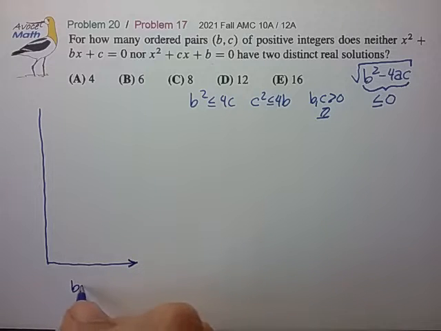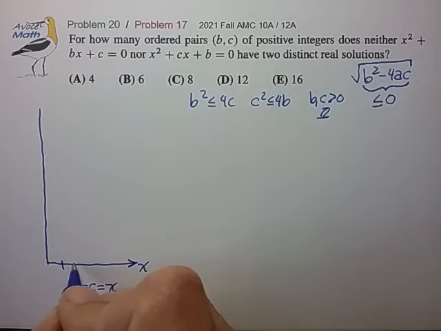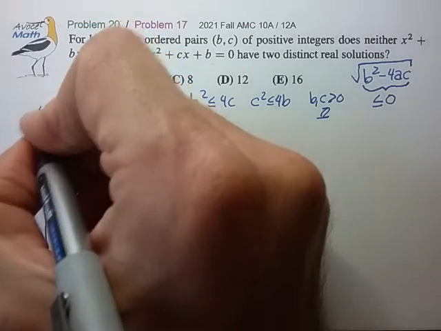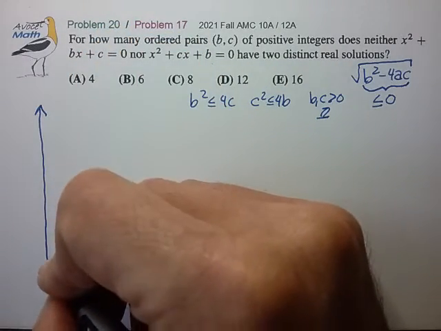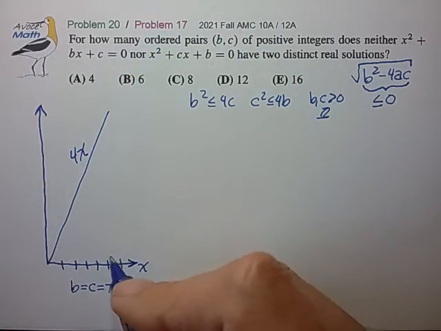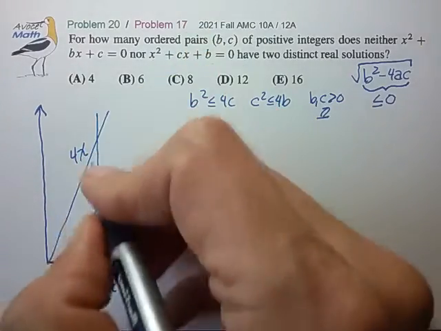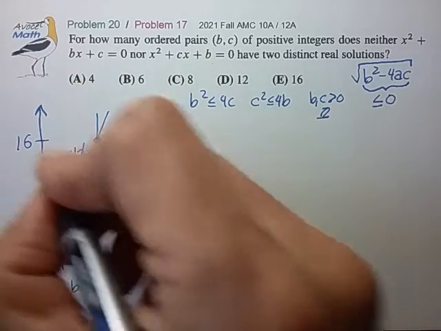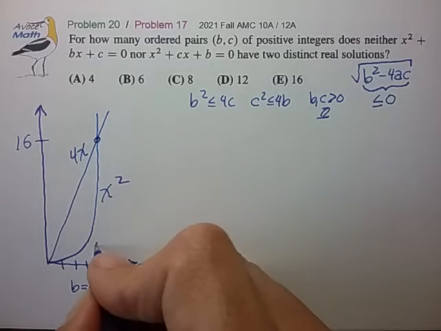So if I set b equal to c, just call that x, for 1, 2, 3, 4, 5, 6, and look at the equation 4x versus x squared, I see that those cross at 16, for a value of x of 4.